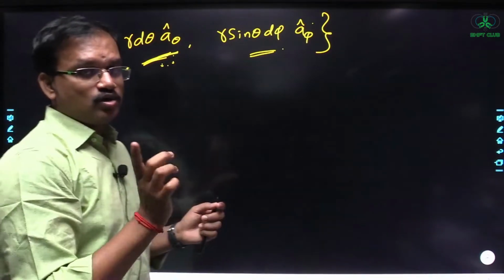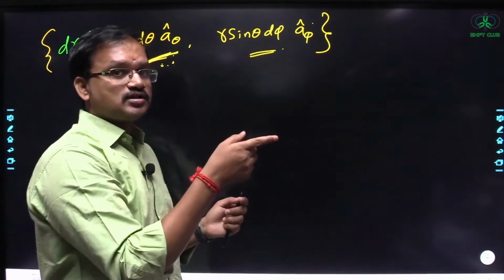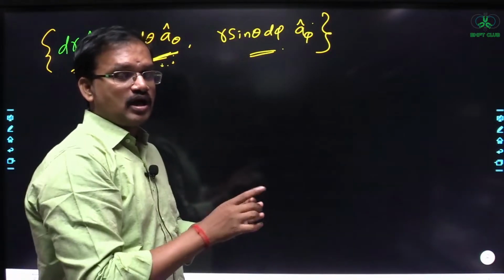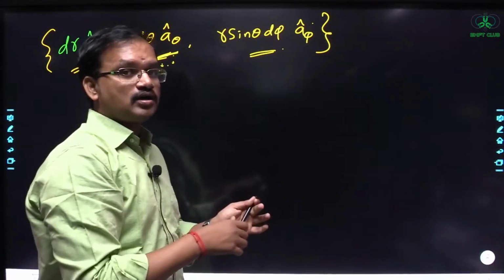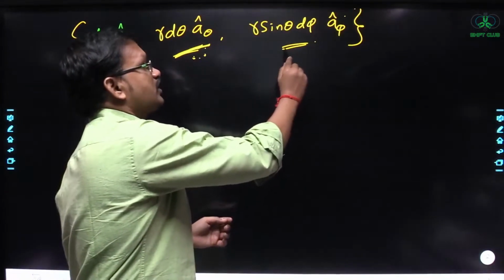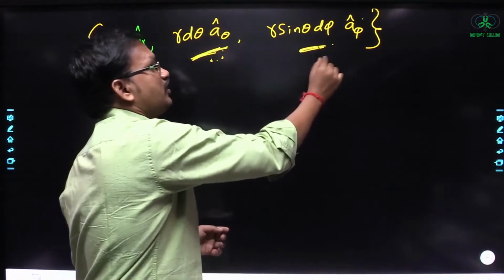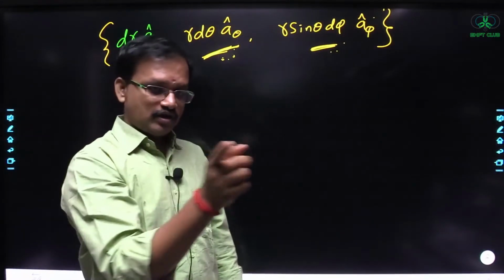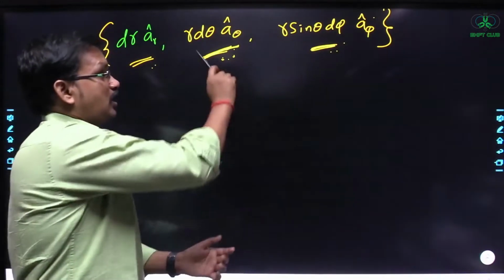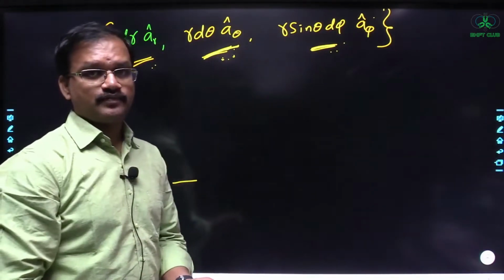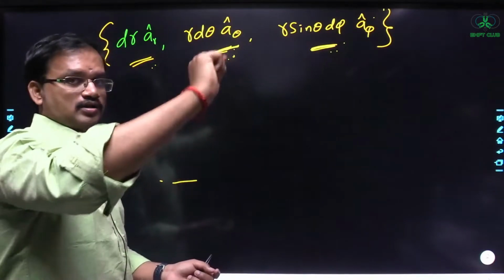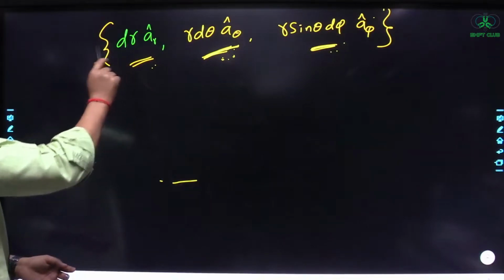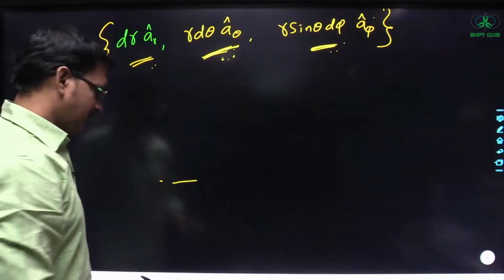Next, you move along the horizontal circle, which is also a curved path, and hence the differential arc length is r sin theta d phi a phi cap. So two curved paths, one vertical circle and another horizontal circle, give two differential arc lengths. Understood? And moving along r is simply along a straight line, so the differential length along r is dr ar, right?